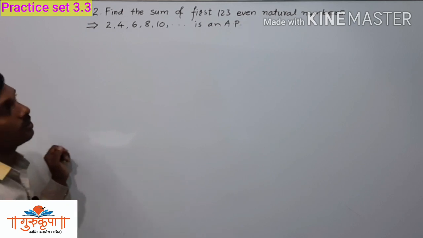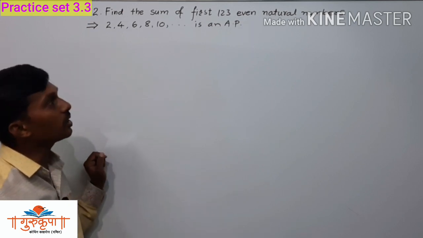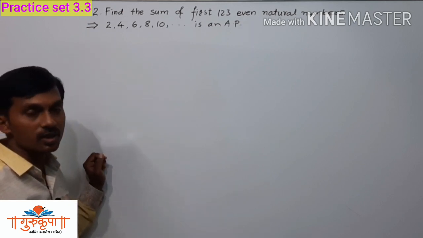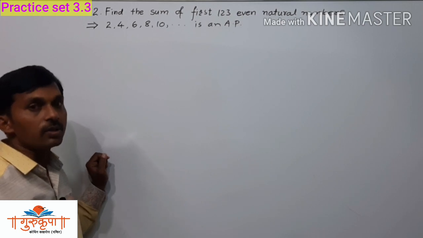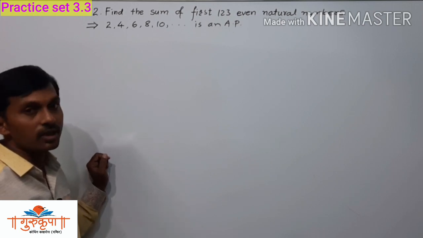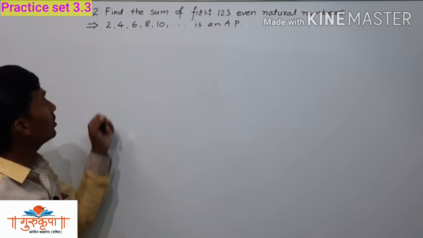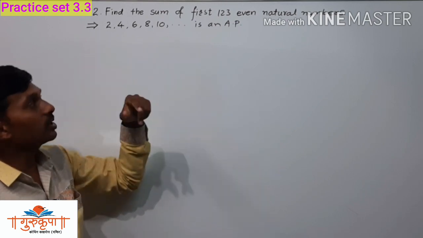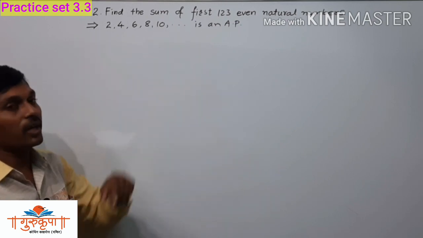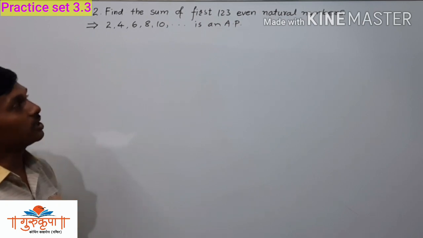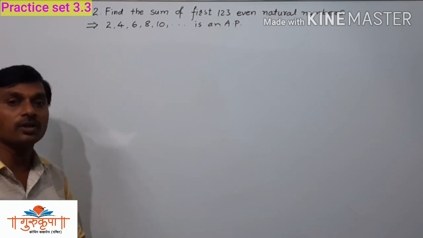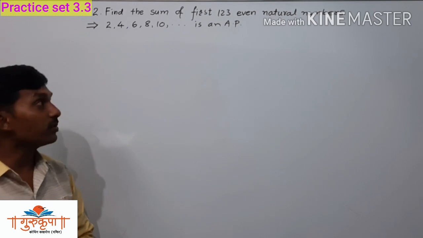Here we have even natural numbers. No need to write all the 123 numbers. Here we write the even natural numbers, and we have to find S123, that is we have to take the sum of the first 123 even natural numbers.